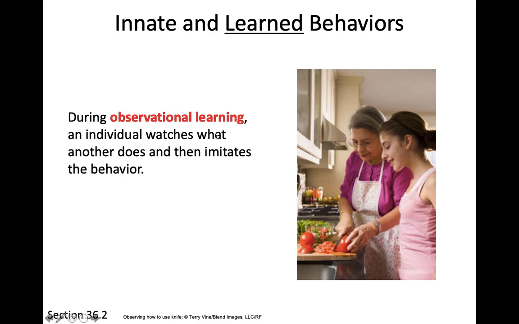Animals, and humans are very prone to this, as well as lots of primates, do something called observational learning. And this is exactly what it sounds like. This is monkey see, monkey do. We sit and we watch others of our own species do things, because the older organisms in our own species have shown that they are obviously capable of surviving well enough in our world to become successful adults.